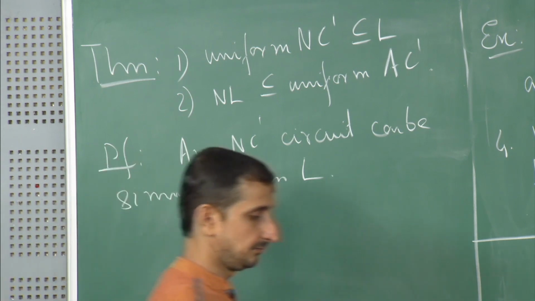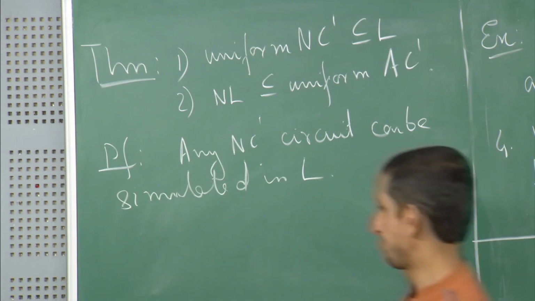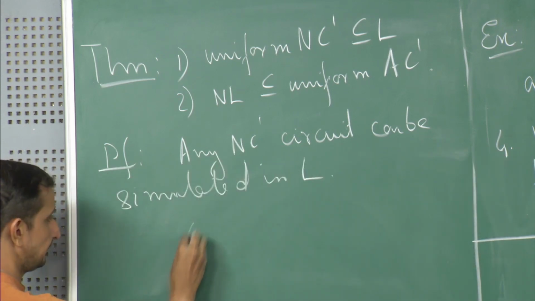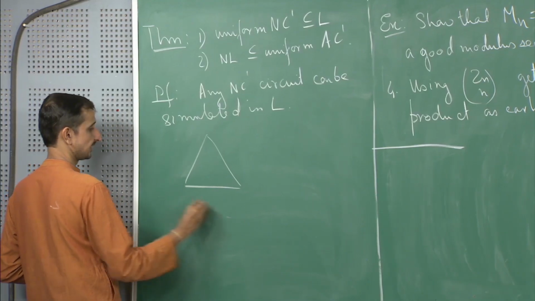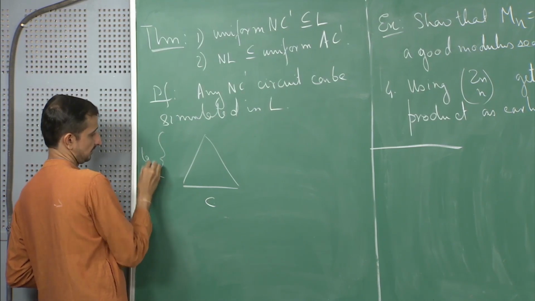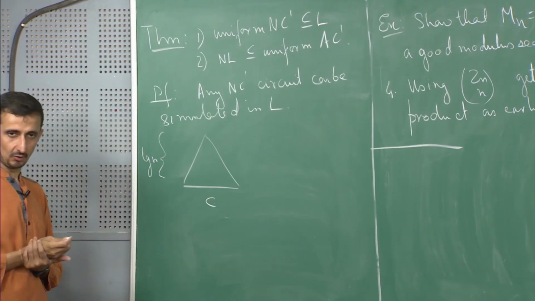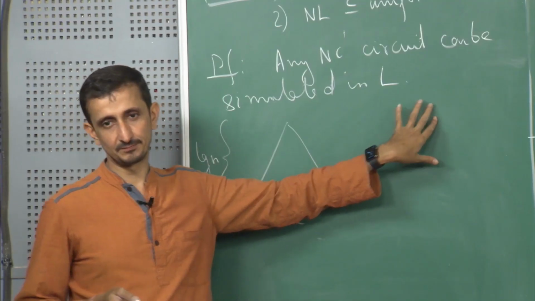How would you go about doing this? Let us look at a pictorial proof first, and actually it is quite easy. So, we have this circuit C and we know that it has depth some order log n. How can I simulate this in L?